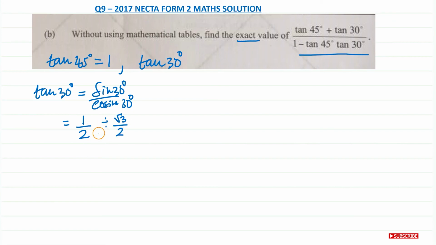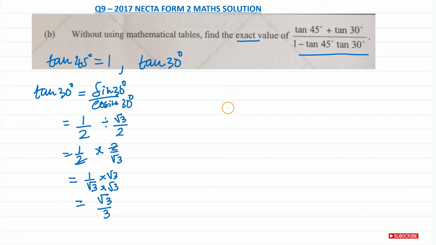Now because it is a fraction, we need to remove the division and put multiplication, and then flip the fraction on the right. So this is going to be 2 over root 3, which this cancels and this cancels, and this will give you 1 over root 3. But we're going to rationalize this by multiplying by root 3 and root 3 here. So you will end up with root 3 over 3.